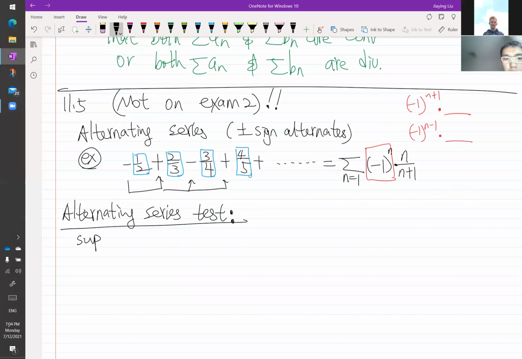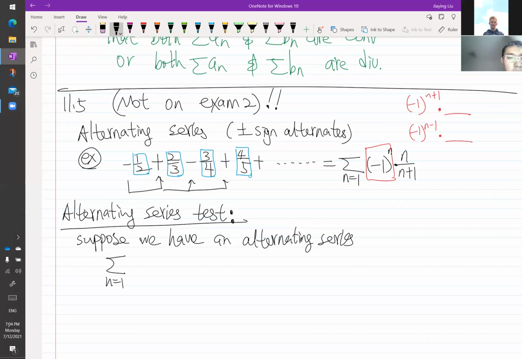So suppose we have an alternating series. I'm just going to use this form: sigma n from 1 to infinity of (-1)^(n+1) times b_n.